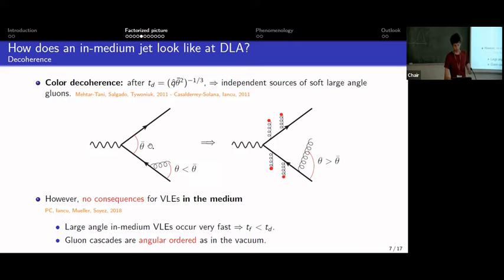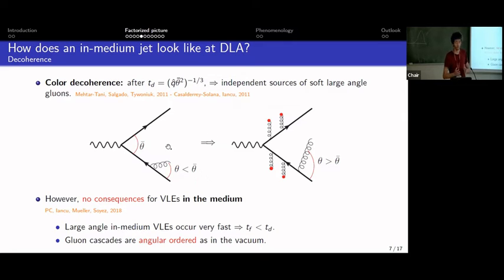From many studies, already 10 years ago, it is known that because of the multiple interactions between the hard legs of this dipole and the scattering centers of the medium, the color coherence of this object in the vacuum, which leads to the angular ordering property, can break down, and soft emissions with an angle larger than the opening angle of the dipole could be allowed.